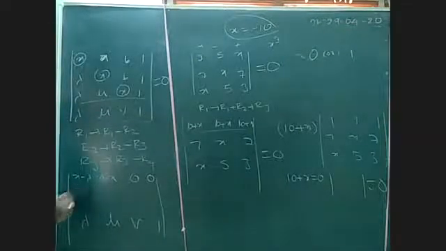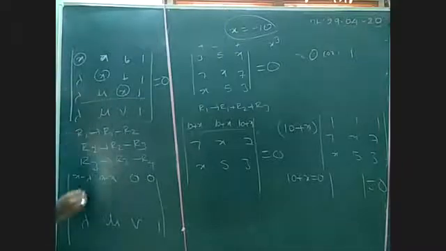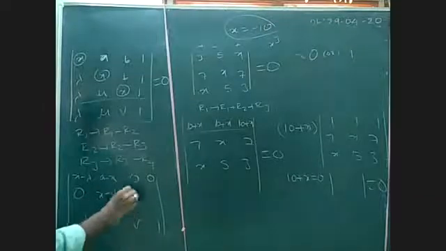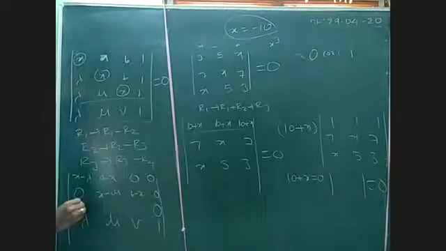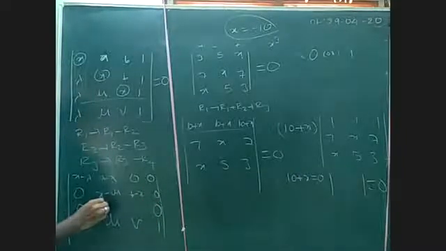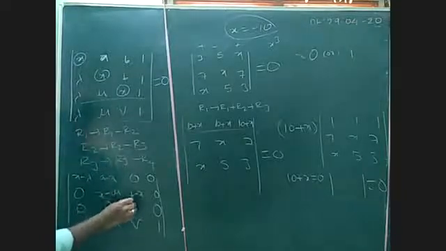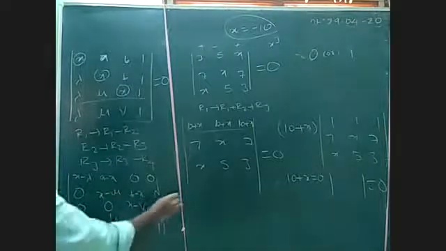R2 becomes lambda minus lambda 0, here x minus mu, here b minus x, and here 0. R3: here 0, here 0, here mu minus mu 0, here x minus v, and equating to 0.